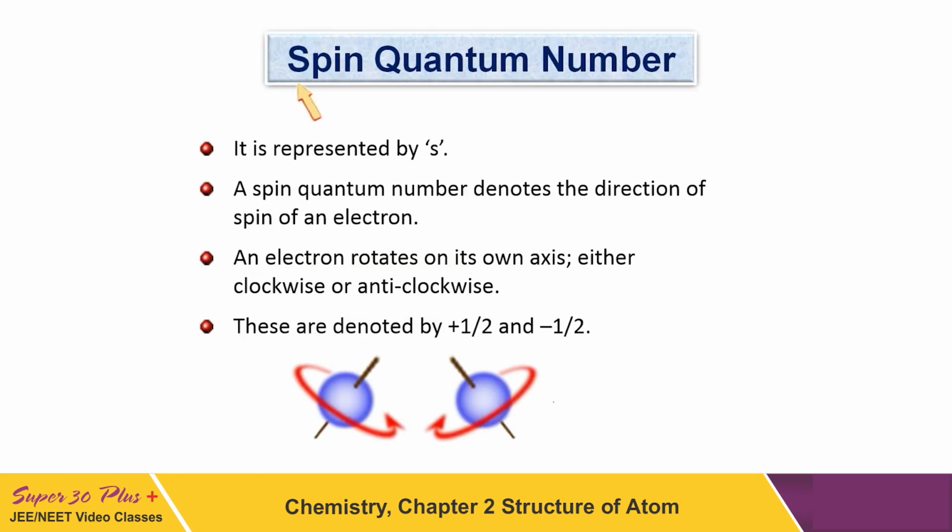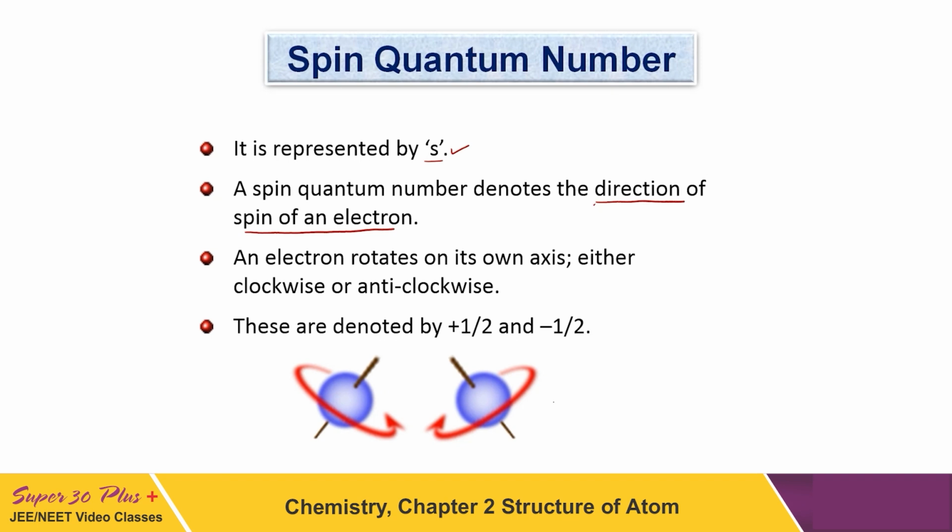The last quantum number is the spin quantum number, and it is very simple. This spin quantum number is represented by the symbol S. This quantum number simply represents the direction of spin of the electron.